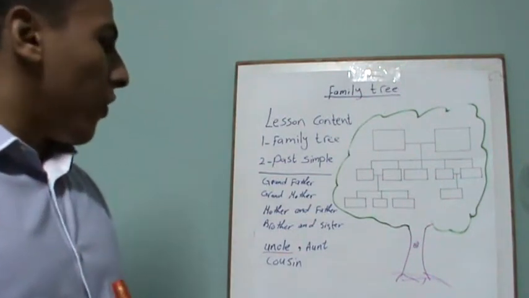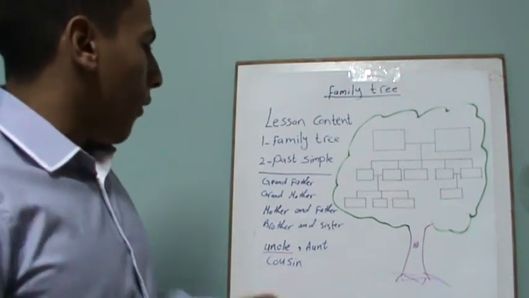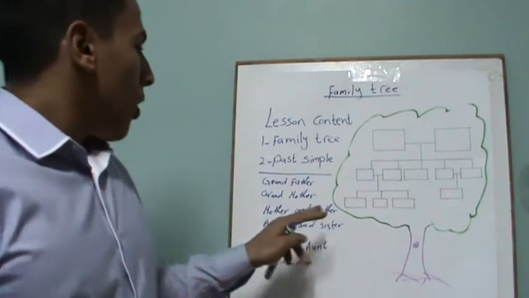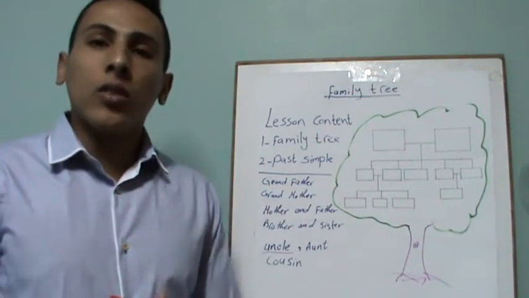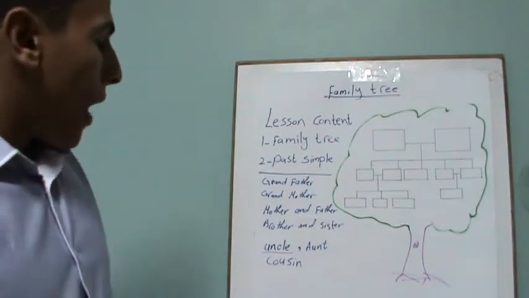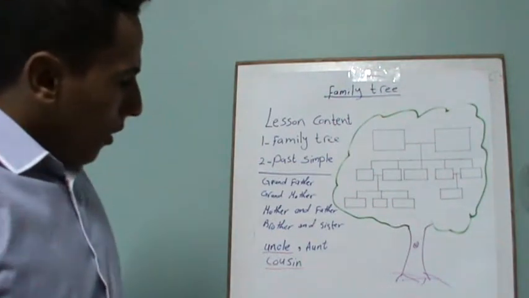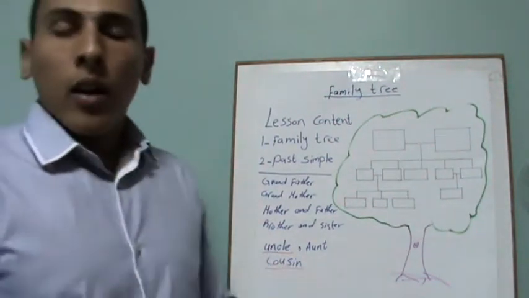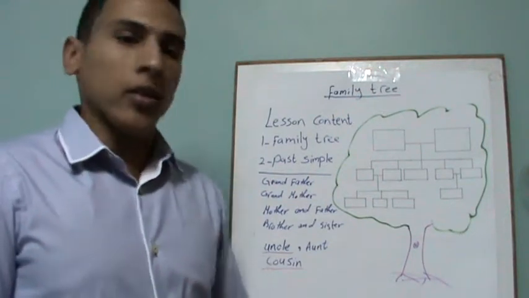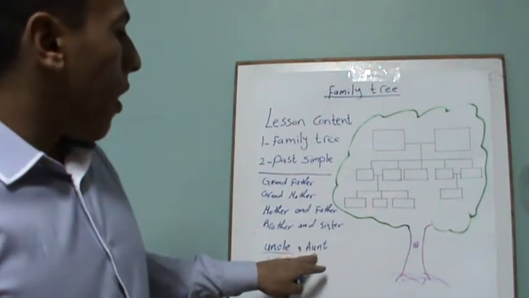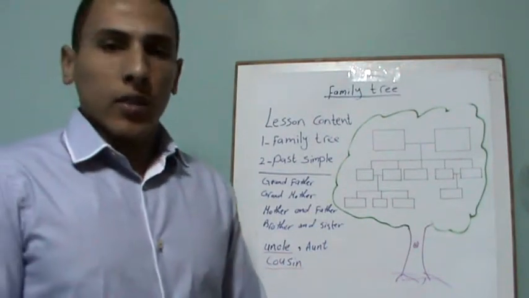So your father's brother is called uncle, and aunt is your father or mother's sister. So your father's sister is aunt, and a cousin is a son of your uncle or of your aunt. So your aunt or uncle's son is called your cousin.